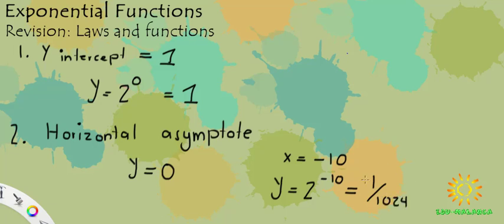This number is very, very small, but it's not equal to 0, right? So the graph is going to get closer and closer and closer to the x-axis, but it will never touch it, and that is why we call the x-axis the horizontal asymptote. Let me also say y is equal to 0 or x-axis, and that is the horizontal asymptote of the graph.